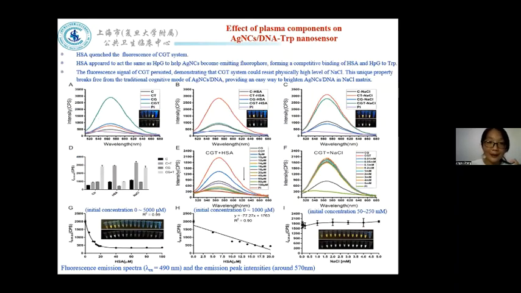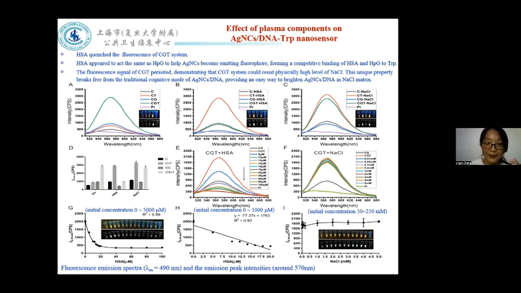Next, we explore the effect of plasma components on our nanosensor and found that HSA can quench the fluorescence of our CGT system. In contrast, HSA appeared to act the same as hairpin G to help light up silver nanoclusters.